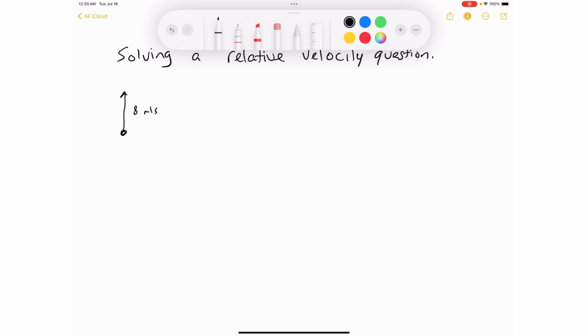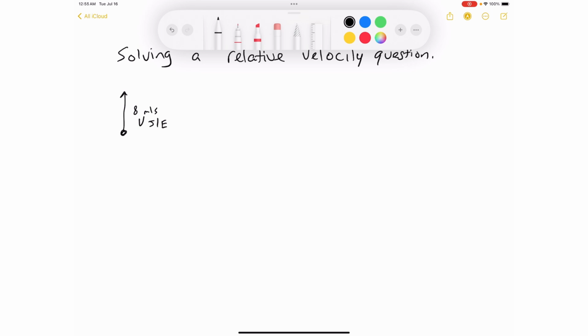Now this is Juan's, and I'm going to abbreviate Juan with a J. So I'm going to say this is the velocity of Juan, J, relative to the Earth. So this is a relative velocity question. So he's going due north at 8 meters per second.